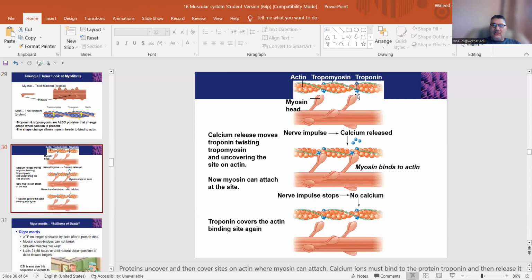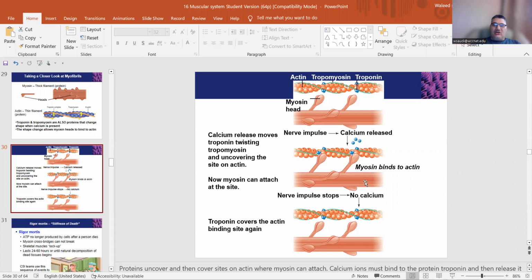Here it is. This is troponin and tropomyosin covering the active site. I want to contract. Move the tropomyosin, which is going to move the troponin that was covering the active site. So now the heads will find the active sites not covered. It's going to interact with it, making the contraction.